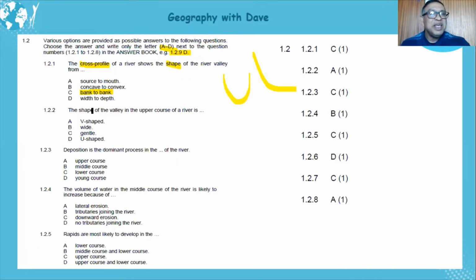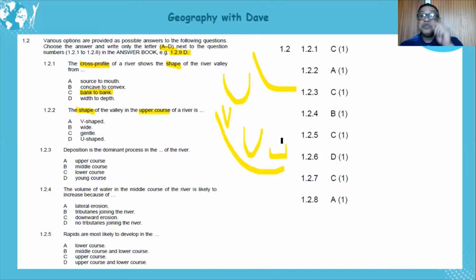Then it says the shape of the valley in the upper course. Remember, it starts to erode there. It's turbulent flow, it's cutting in, so your valley is deeper. It gets a bit wider here, and very wide there because of deposition.